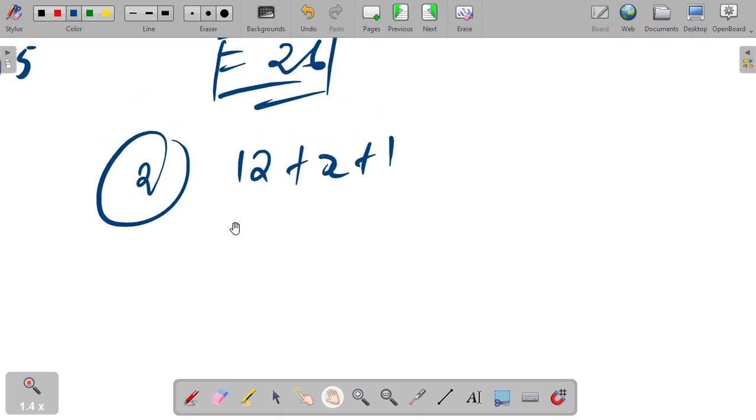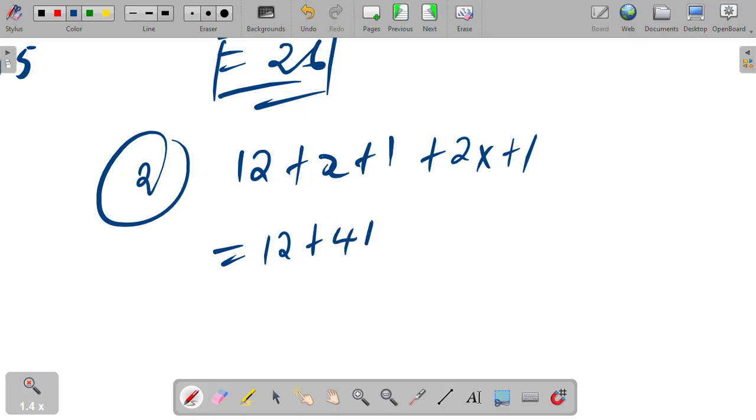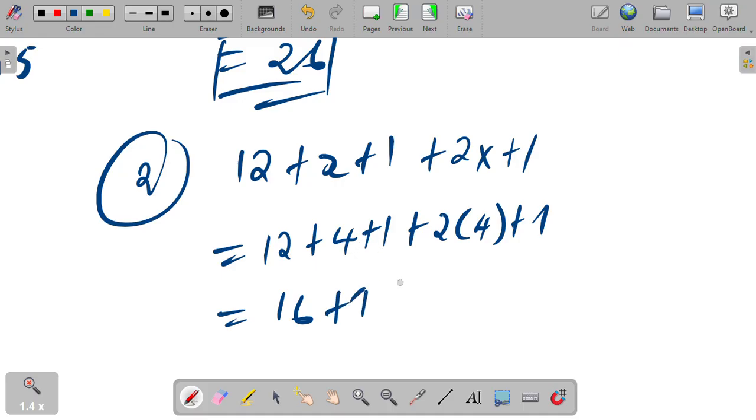So 12 plus, this is 4 plus 1, plus again 2x plus 1, which is 2 times (4 plus 1). 12 plus 4 is 16. Before that, we can multiply here.